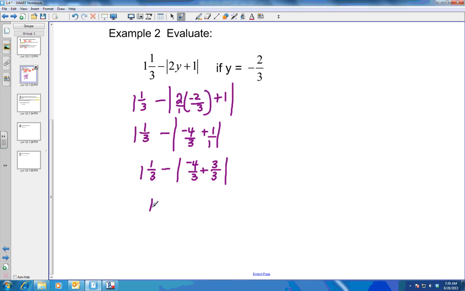So I have 1 and 1/3 minus negative 4/3 plus 3/3 is going to give me negative 1/3. Now I'm going to do my absolute value. 1 and 1/3 minus the absolute value of negative 1/3 is positive 1/3. So now 1 and 1/3 minus 1/3 is 1. So you have to be really careful and follow the order of operations and do absolute value bars first.